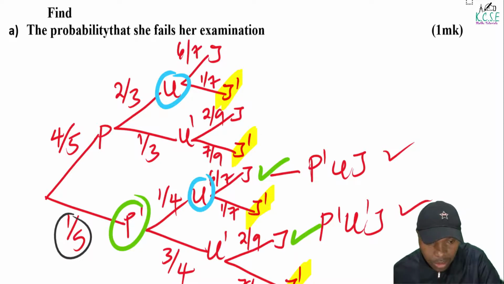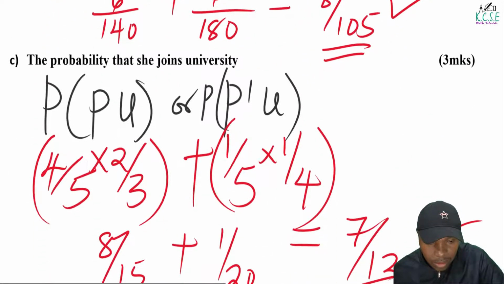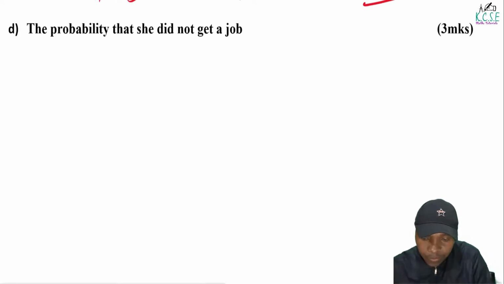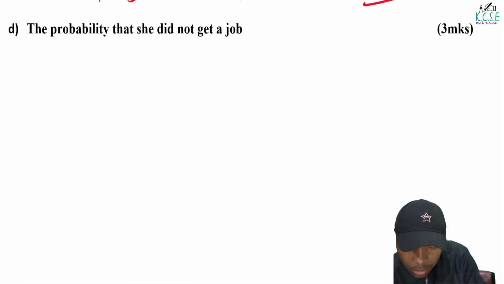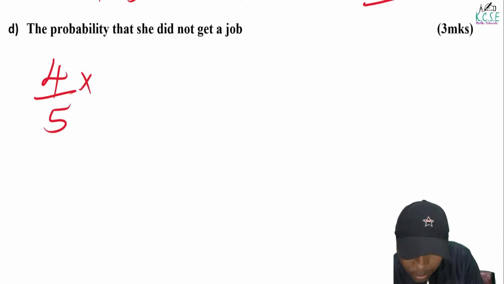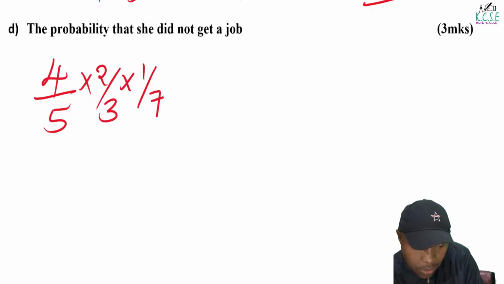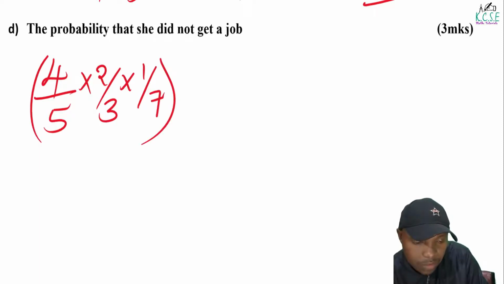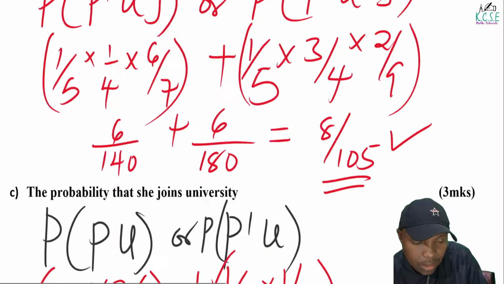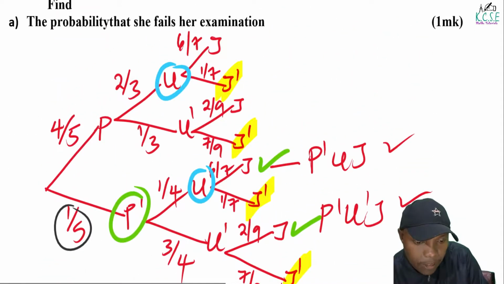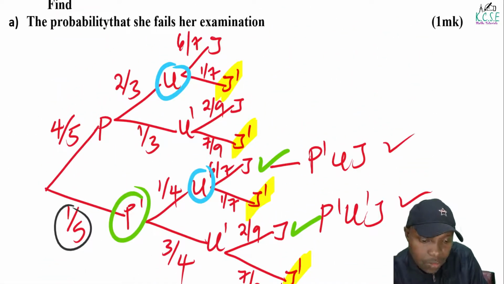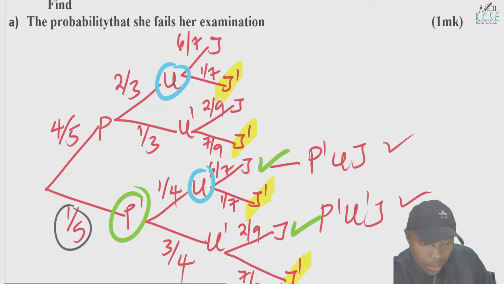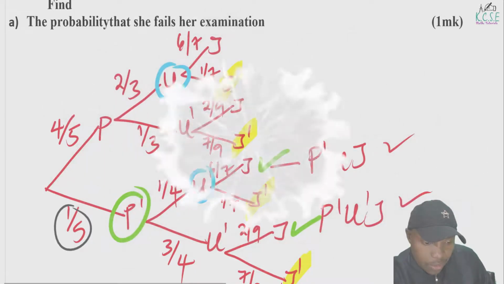So let us write that. The first one is 4 over 5 times 2 thirds times 1 over 7. That is passing the secondary school examination, joining the university, but failing to get the job.